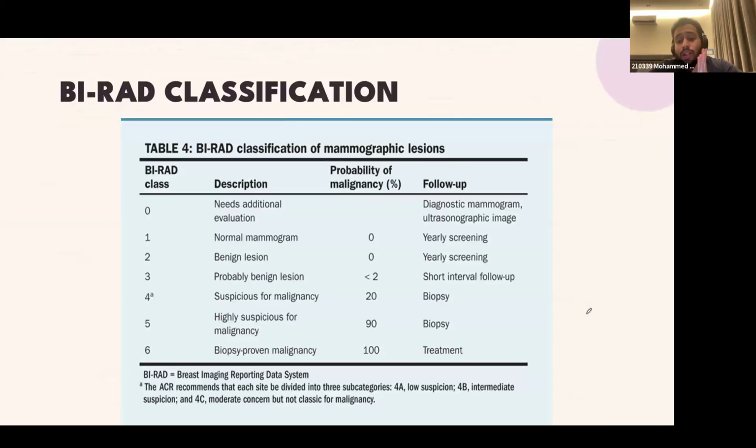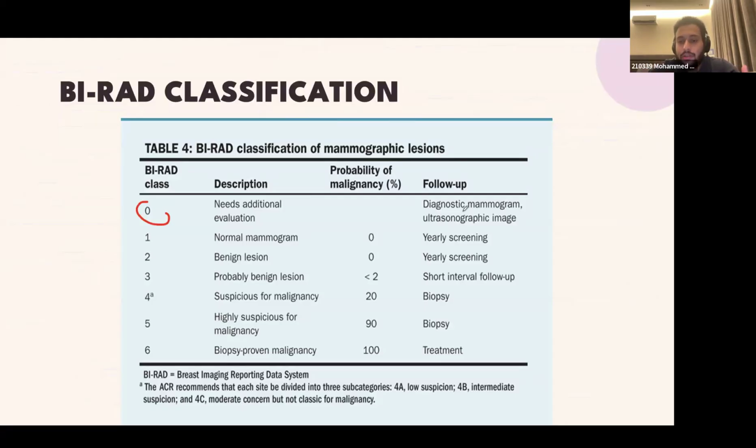Now, very important is something called the BI-RADS classification. It tells you if something is suspicious, benign, or normal, and it dictates your management and what you do next. It's basically a classification of six. There are six scores, starting with zero, so technically you can say seven. Zero basically means they need additional evaluation. We don't know what they have yet.